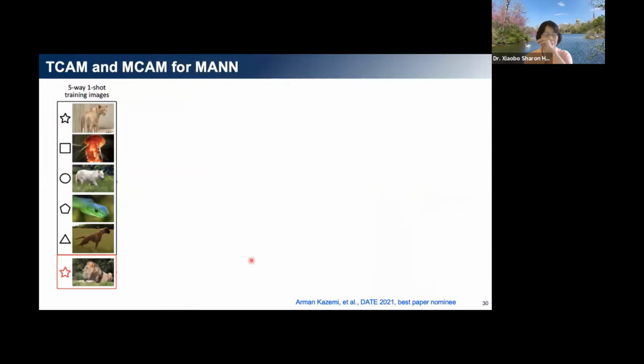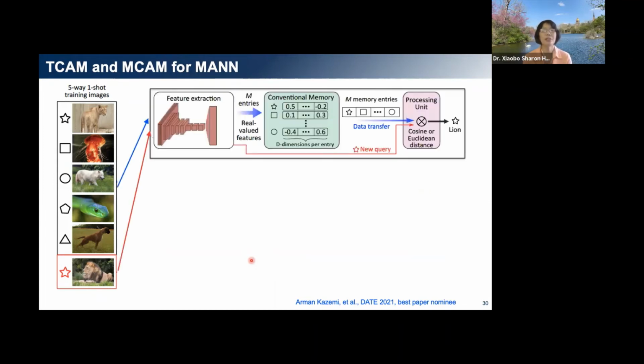Now, to implement this memory augmented neural network, of course, when they first started, they used a GPU. The GPU interacts with external memory, where this attention memory is implemented. Of course, we all know this suffers from the data transfer problem.